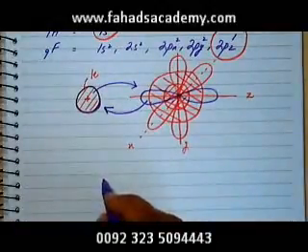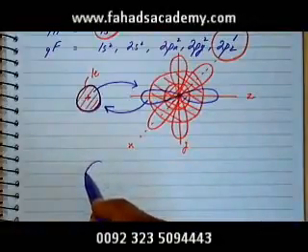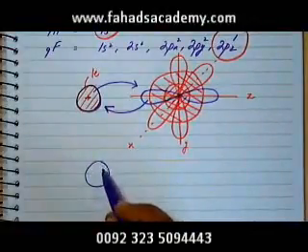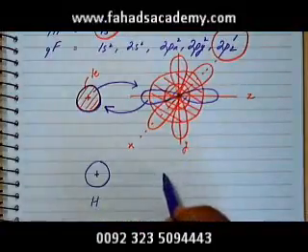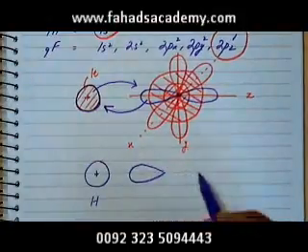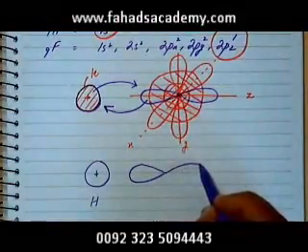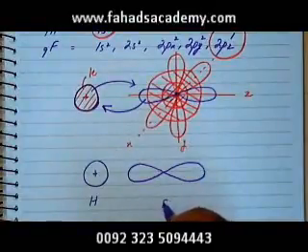So what's going to happen is, you're going to have an s orbital with a nucleus in the center. This is the hydrogen atom, and you're going to have a p orbital. This over here is the fluorine atom.